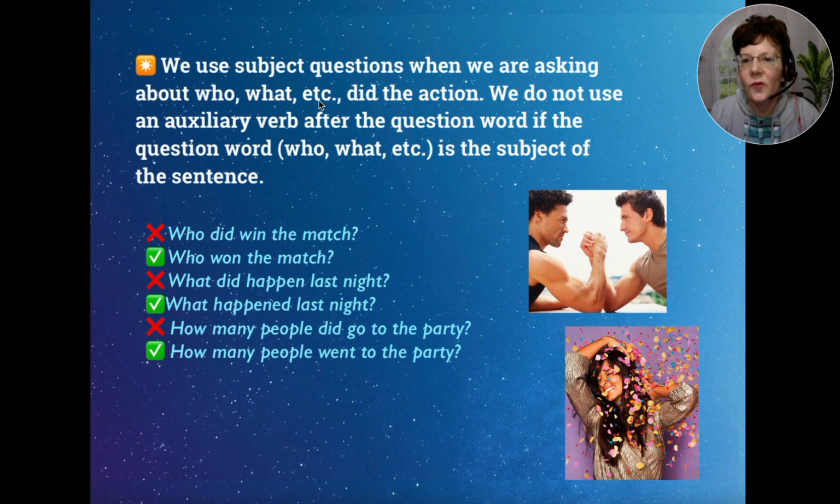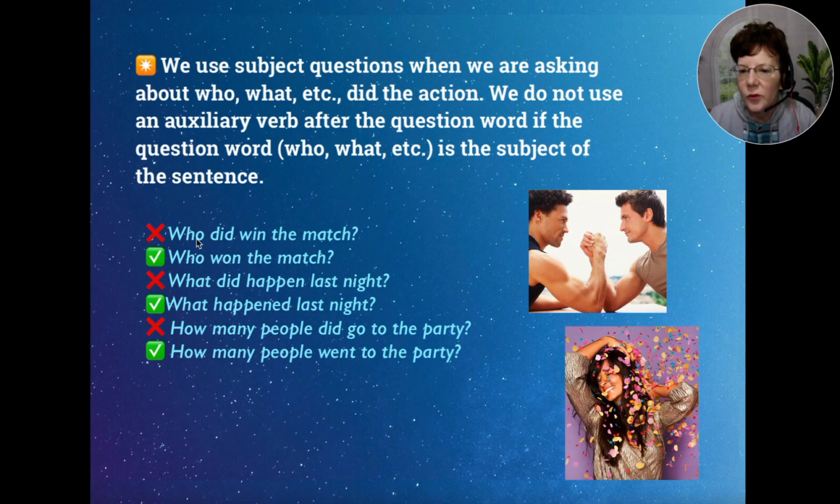We use subject questions when we're asking about who, what, etc., did the action. We do not use an auxiliary verb after the question word if the question word, like who or what, is the subject of the sentence. You'll see some examples, the wrong way to ask and the right way.